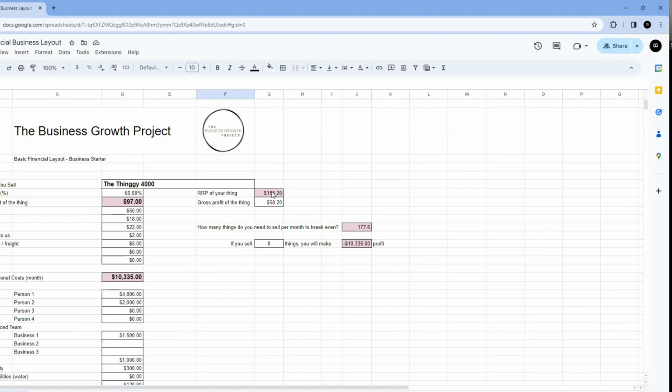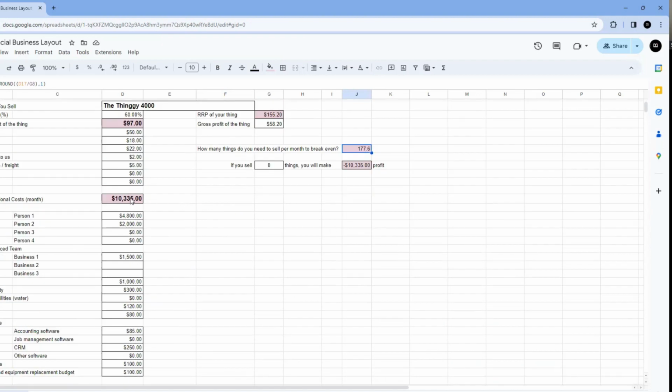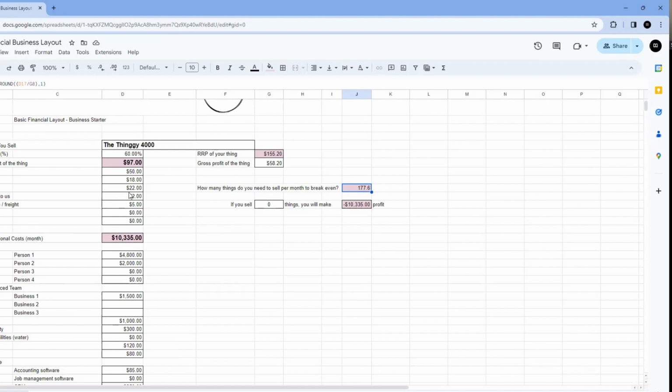So when we scroll back up the top of here, we now know what the cost of our item is. We know our gross profit. And then we are looking at how many of these things do we need to sell per month to break even? Okay, we need 177 of them. So it's costing us $10,335 per month to run the business.